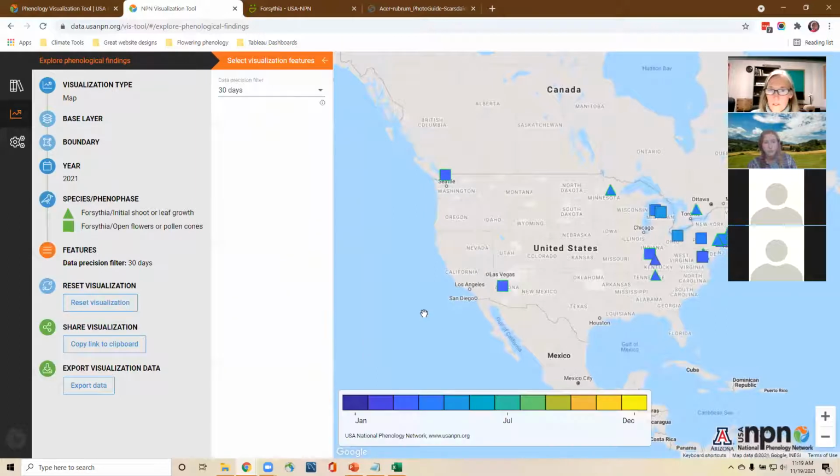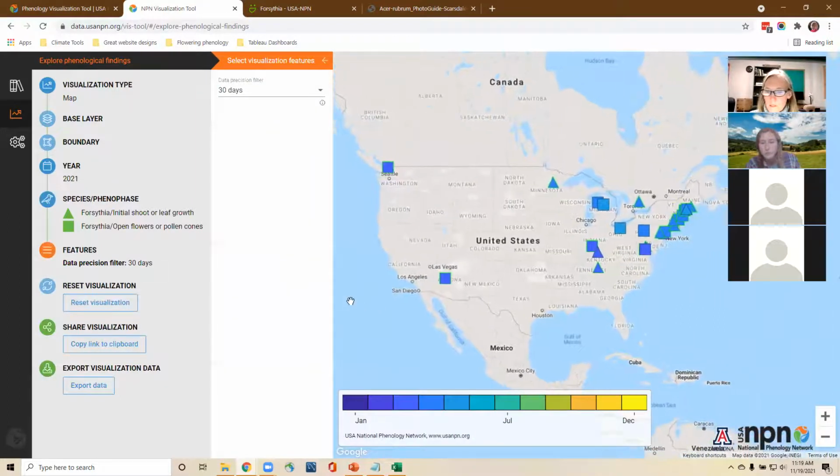And then we'll get a plot of these phenophases. One thing to keep in mind is this is not showing us all of the observations for Forsythia. It's showing us the onset. So there's one little dot, a square or a triangle, on the map for when an observation location reported the first yes for either initial growth or open flowers.